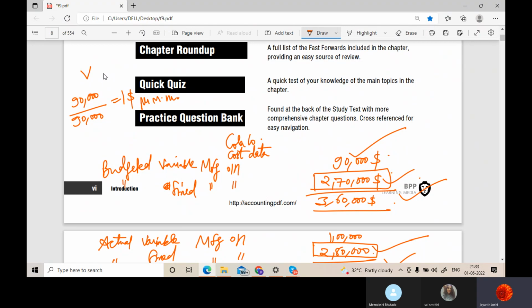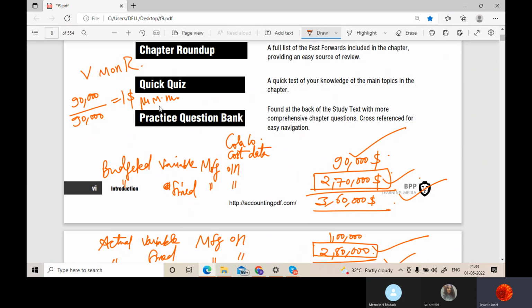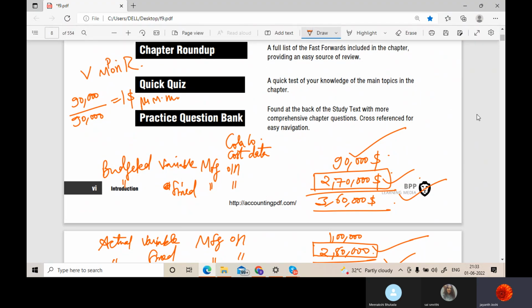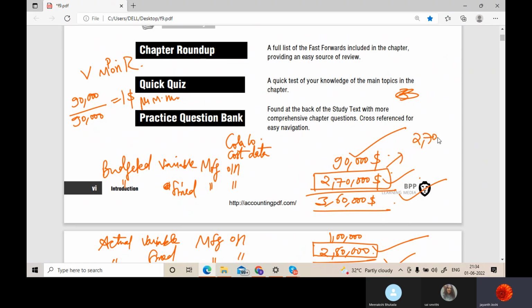This is the variable manufacturing predetermined overhead rate. Now I want fixed. So the fixed element is 2,70,000 in the question, correct? So I'll take this 2,70,000 divided by 90,000 budget hours. So how much will I get? $3. So this is the fixed predetermined overhead rate. Okay. Just make a note of this.